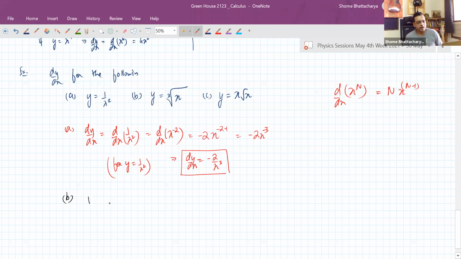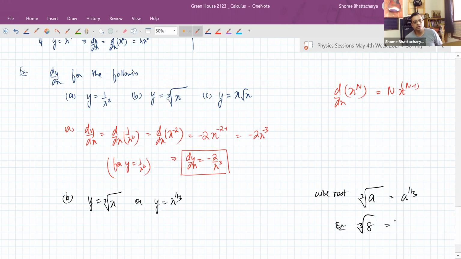Okay. So y is equal to cube root of x. So that can be also expressed as y is x to the power 1 by 3. So that is the meaning of cube root. Cube root of anything means, so for example, you know that cube root of 8 is equal to 2, or cube root of 1 is equal to 1, or cube root of 1000 is equal to 10.